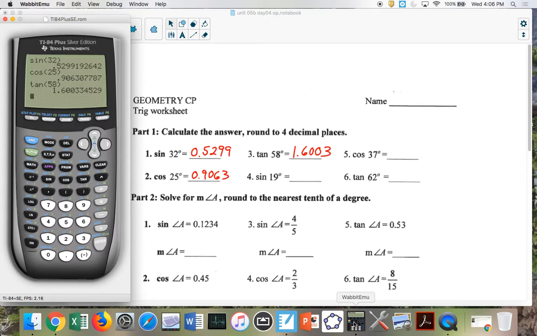So what I'm going to do is press second sine to do the inverse sine of the answer, 0.1234, and that's going to return to me the angle whose sine is equal to 0.1234. So the angle is about 7.1. The directions here say round to the nearest tenth, so we'll go with 7.1 degrees.